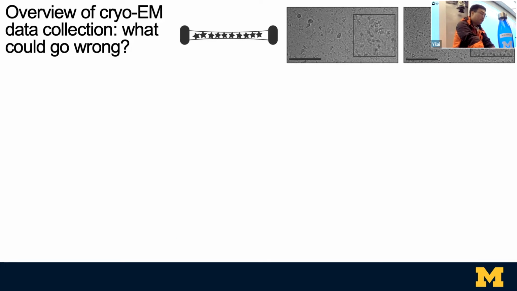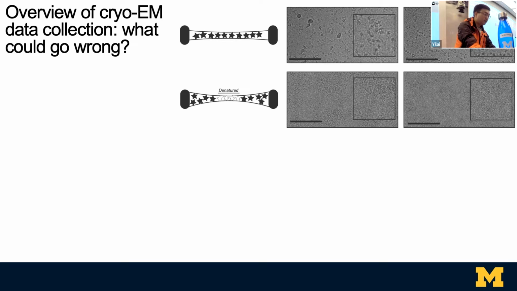A number of things could go wrong on the data collection side. For the downstream processing to be easier, you want your upstream to be as clean as possible. Showing here is a good example of the ideal case. You have a monolayer of your particles and your ice thickness is good enough, so you can see your particles and there's no aggregation, and it's not too dense.